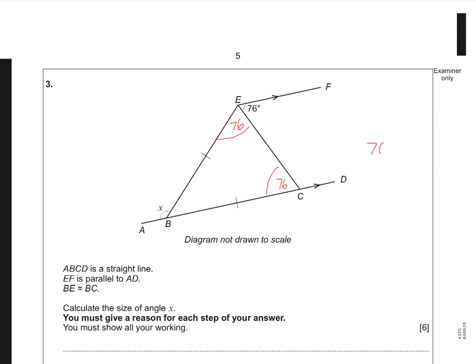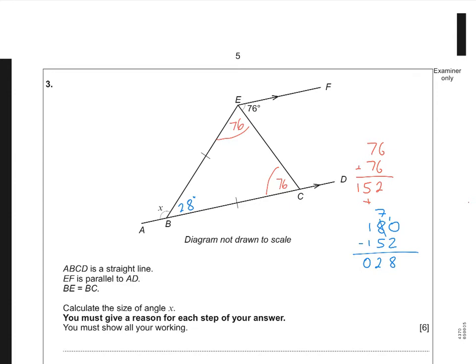So if I do 76 add 76, I get 6 add 6 is 12, 7 add 7 is 14, add the 1 is 15. I get 152, but then I need to do 180 because angles in a triangle add to 180, and I want to take away the 152. Be careful here, 0 take away 2 is not 2, it's minus 2, so we need to borrow 1 because we can't have minuses. 10 take away 2 is 8, 7 take away 5 is 2, 1 take away 1 is 0. So my angle here is 28 degrees.